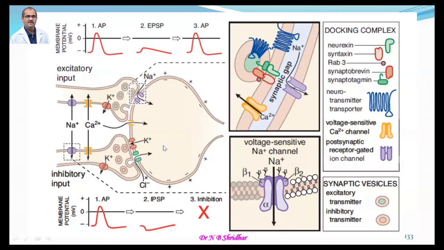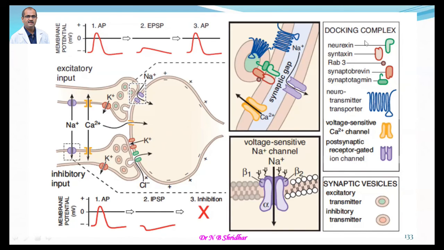This is known as the inhibitory postsynaptic potential, where the action potential is inhibited. In the first case, excitatory input, the sodium channels let sodium come inside, and because of this the action potential is generated. Here the chloride ion channels are involved, especially in the IPSP, the membrane potential becomes hyperpolarized, and the action potential is inhibited.